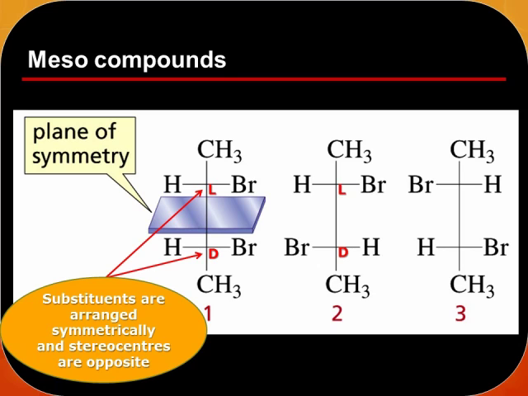So even though they have two opposite stereo centers, the substituents are arranged symmetrically, so this also does not have any chirality, and the same goes with the third compound as well, because it is just a mirror image of compound 2. So overall all these three do not have any chirality because they have the plane of symmetry. Understood?